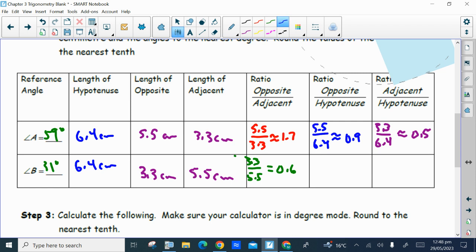Opposite over hypotenuse will be 3.3 over 6.4, which we did above. That's approximately 0.5. And adjacent over hypotenuse will be 5.5 over 6.4.